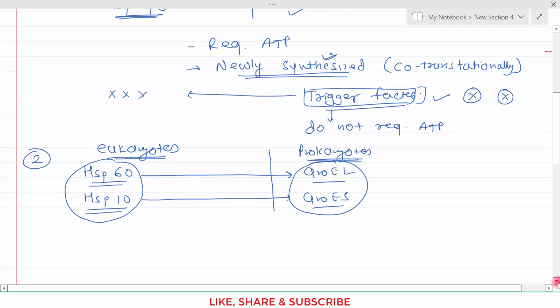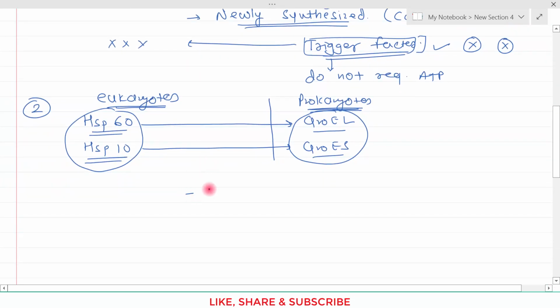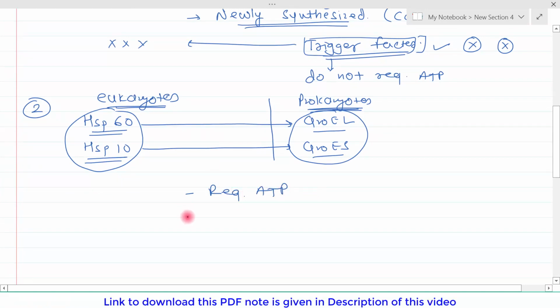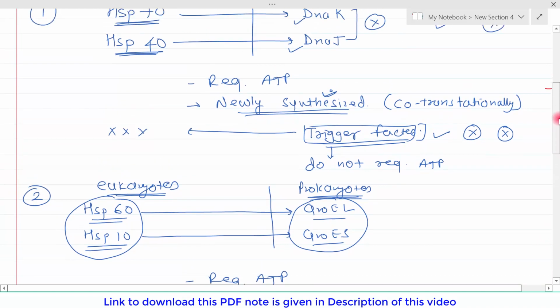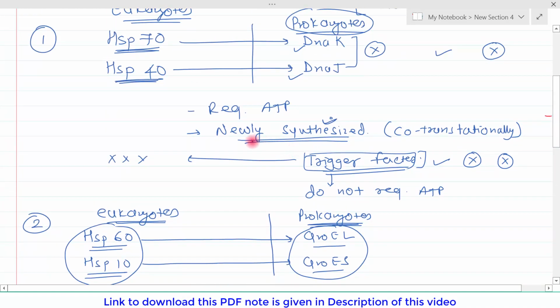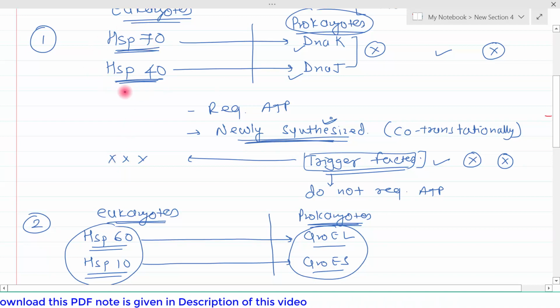Now, again, this system also requires ATP. They are energy dependent. Here, this system also brings about protein folding, but it especially works on older protein. See what happens. Initially, when protein is newly synthesized, the first system works. This system either completely folds the protein or it may partially fold the protein.